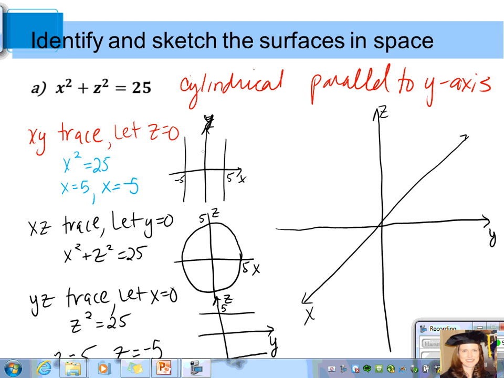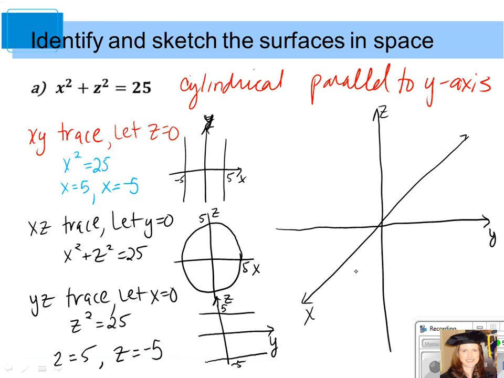Notice that the xy trace does cross through the x-axis here at positive 5. Let's label that 5. It's parallel to the y-axis, so it goes this way. The line x equals negative 5 goes through negative 5 on the x-axis, parallel to the y-axis.